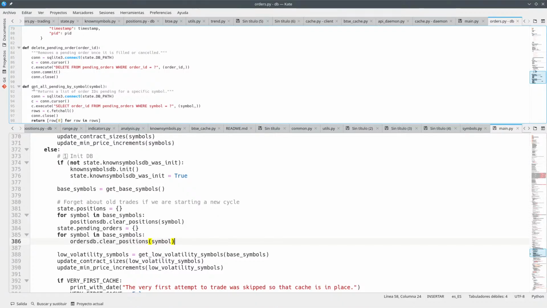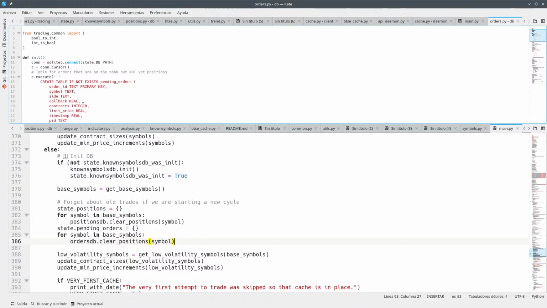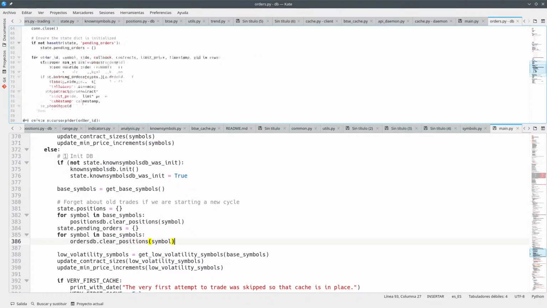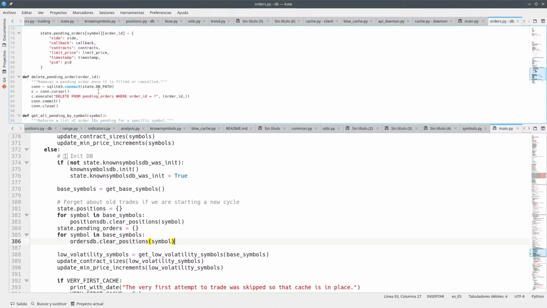I actually need something that uses the order. So clear positions.